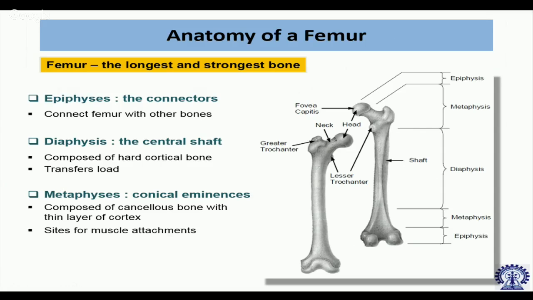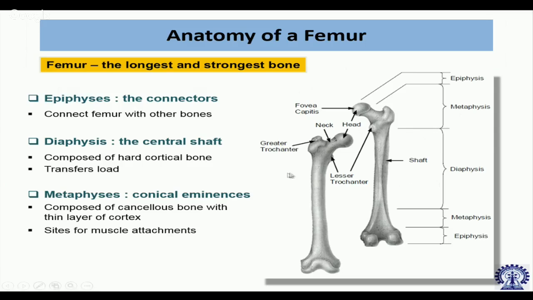Okay, so we have epiphysis, which is basically the connectors. So femur is connected with other bones in these parts called the epiphysis, here on the proximal side and here on the distal side. Okay, there is the diaphysis or the central shaft of the femur.